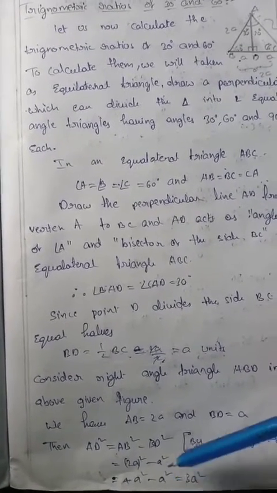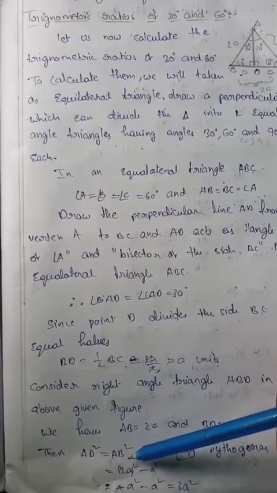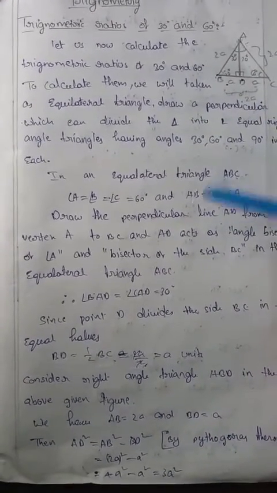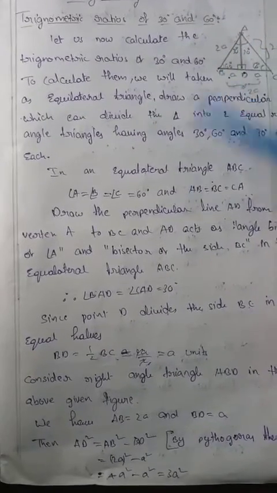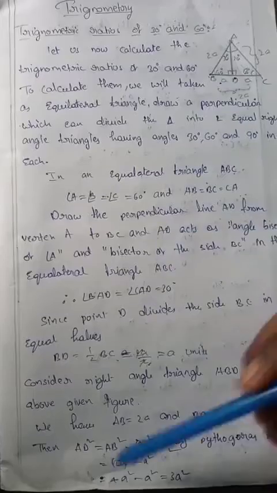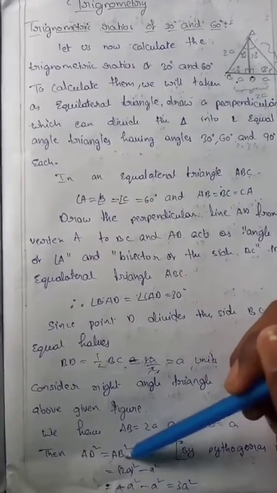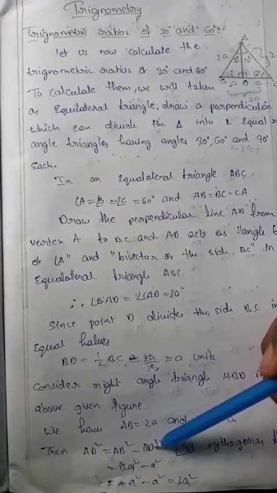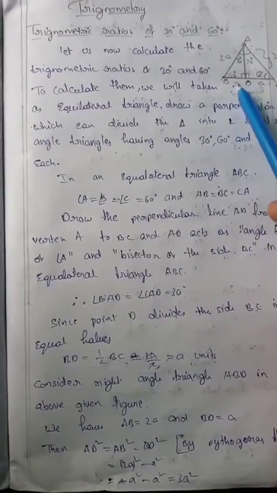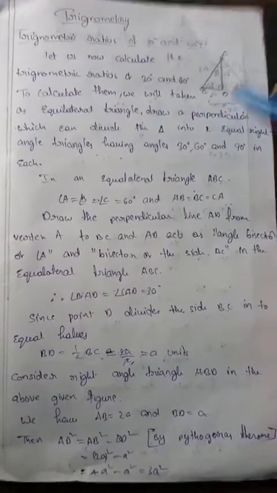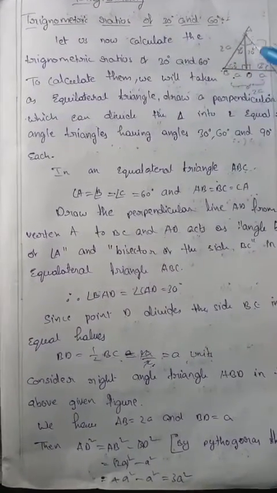By that formula, AD square equal to AB square minus BD square comes. What is the AB square? AB square is 2A square. We substituted AB value as 2A, that means AB square equal to 2A square, and minus, we substituted, what is the value of BD? BD is A square. That means hypotenuse square equal to side square plus side square.